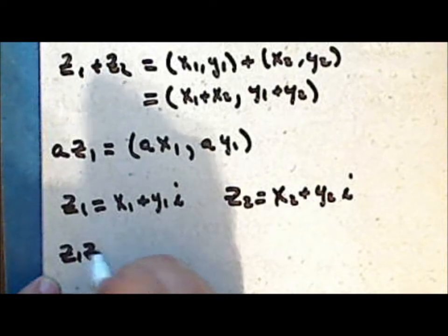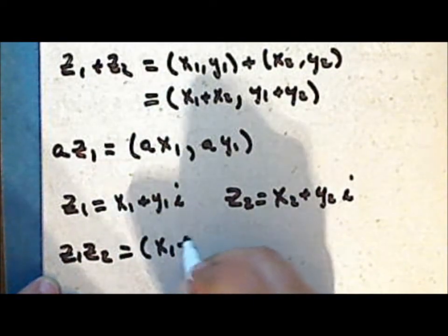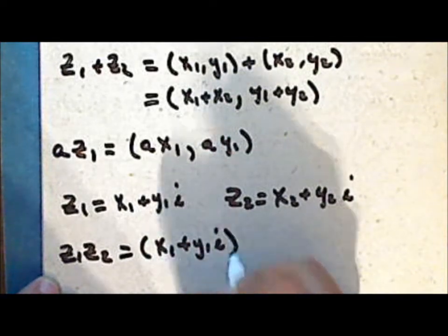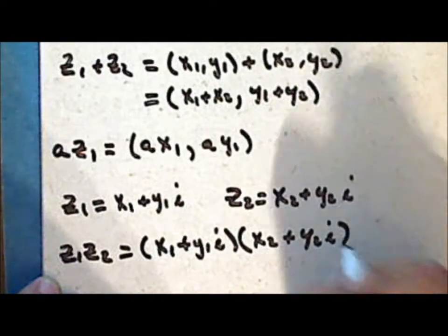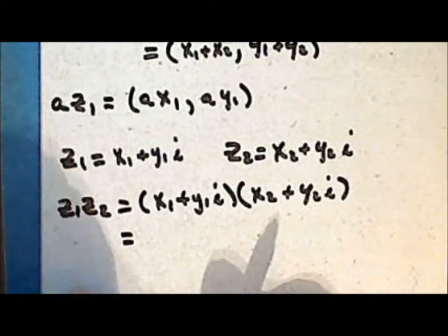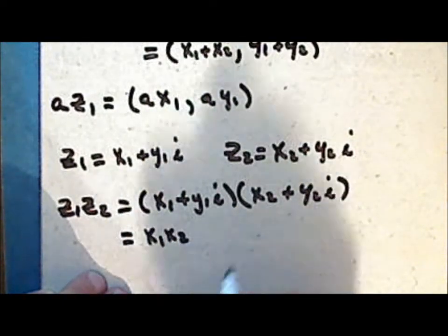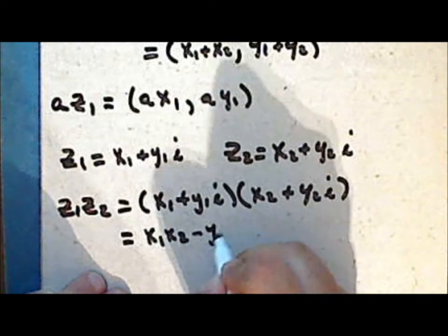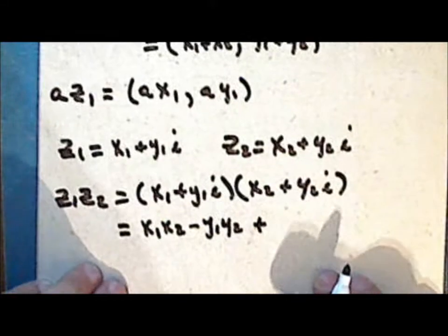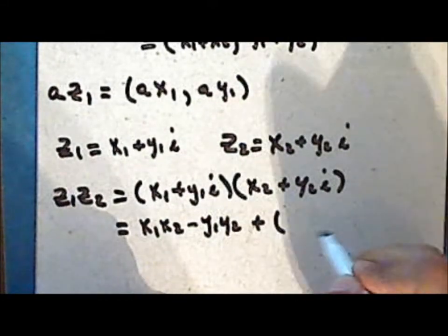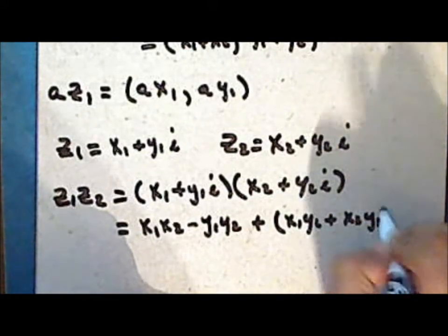And so when we multiply these two complex numbers, we are multiplying these binomials, x1 plus y1 times i times x2 plus y2 times i. And so if we distribute out, we have x1 times x2 minus y1 times y2. And then we have a multiple of the number i, and that is x1 times y2 plus x2 times y1.